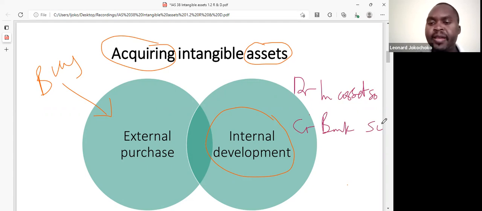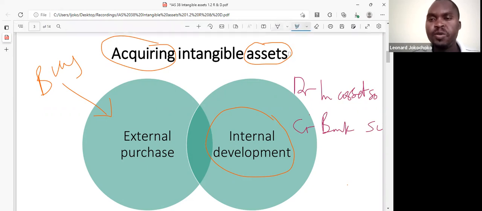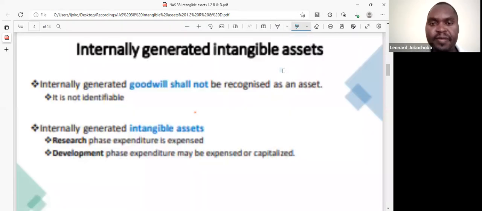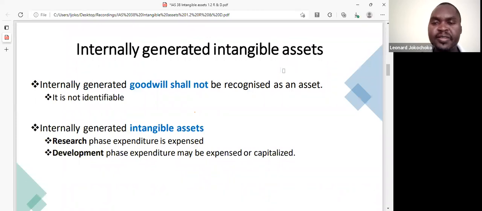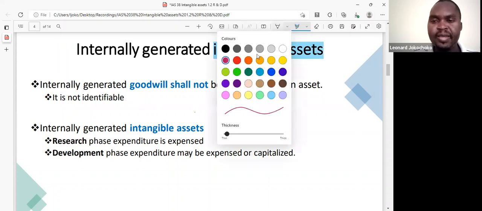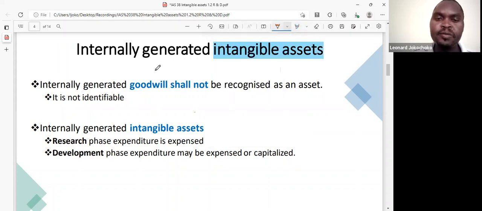On the other hand, if it is an internally developed asset, the accounting treatment is not so easy. There are some specific rules which we are going to go through. The first thing you need to remember is that if you're dealing with internally generated intangible assets, you need to identify if that item is goodwill or any other type of intangible asset.